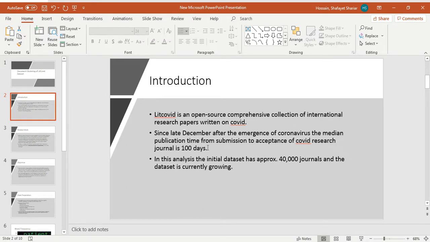So basically, within 3 months, the paper has been accepted in some cases. We can see that a huge amount of research has been done within a very short period of time. Using this dataset, we are doing an analysis. The initial dataset has approximately 40,000 journal papers, and the dataset is currently growing.